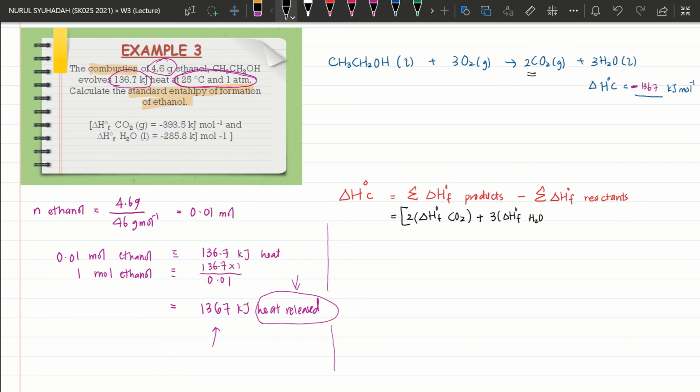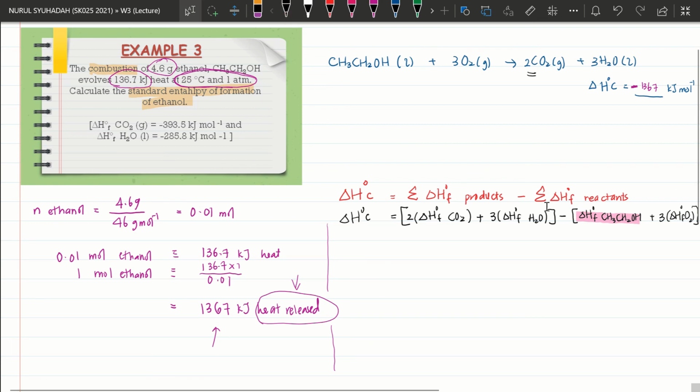Okay, H2O over here, and then minus the delta H formation of ethanol. So delta H naught formation of CH3CH2OH. So this is the one that we want to find, plus 3 delta H naught formation of O2. Okay, so let me highlight the one that we want to find. We need to find this one. Okay, and this is the equation.